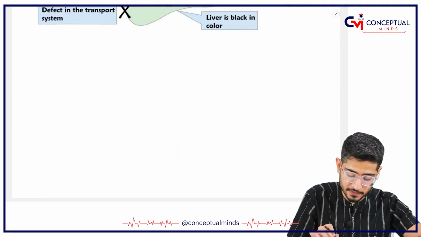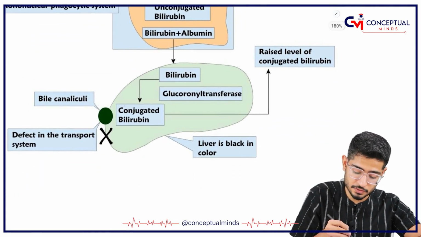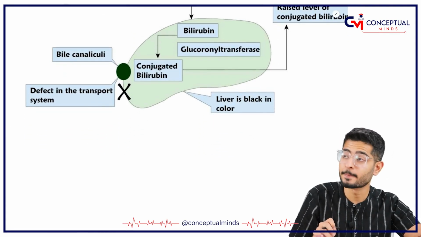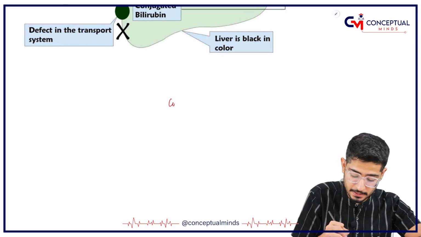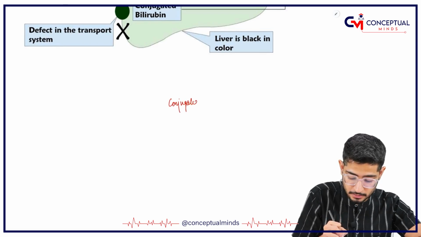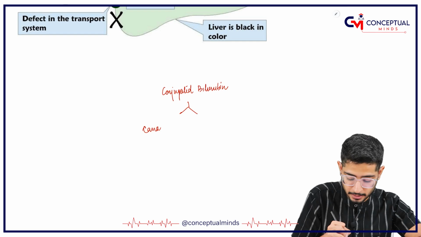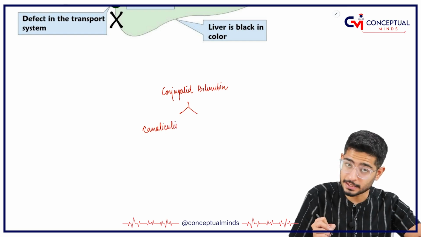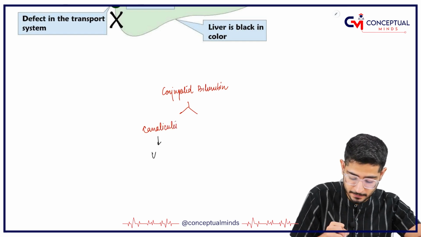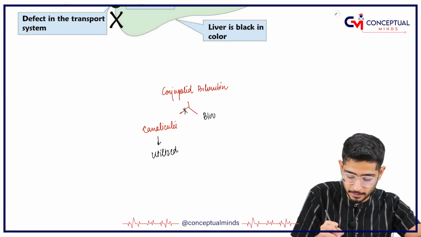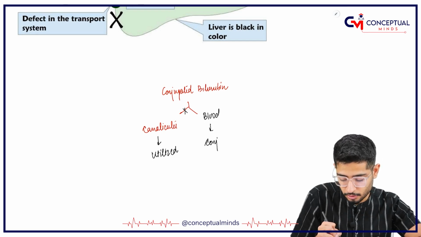So once this bilirubin is conjugated, it has to go out into the canaliculi. Please understand it like this: the conjugated bilirubin can either go into the canaliculi, where it is going to get utilized, or if it is not going into the canaliculi, it is going to go into the blood, where there will be conjugated hyperbilirubinemia.